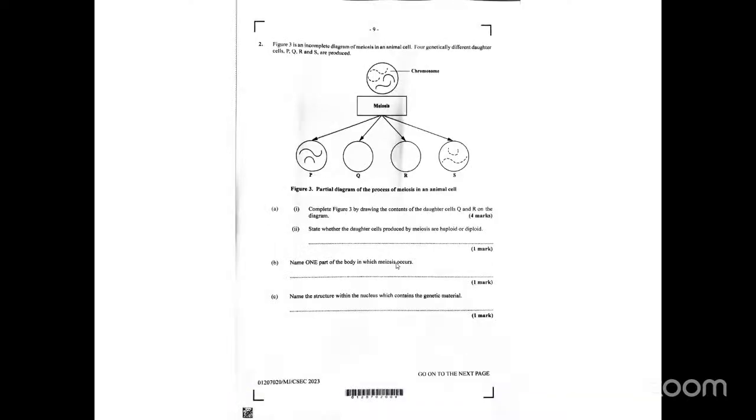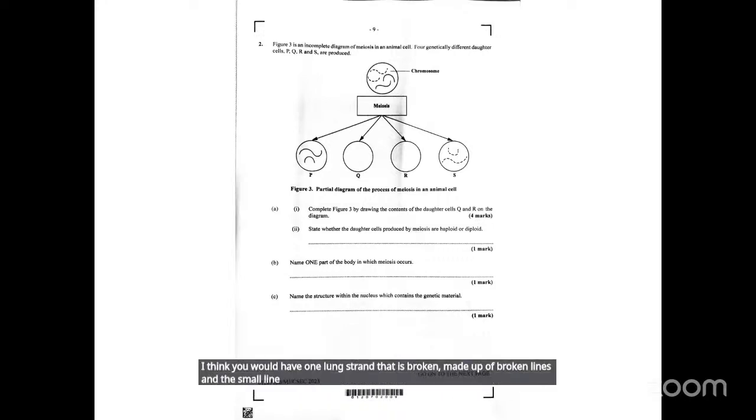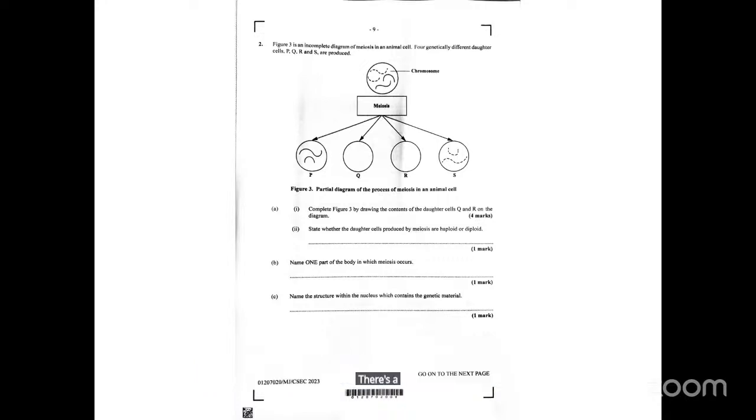What would Q be looking like? And what would R be looking like? Sir, I think you would have one long strand that is made up of broken lines, and the small line would be unbroken. So you say Q, and if you want to annotate, somebody can.